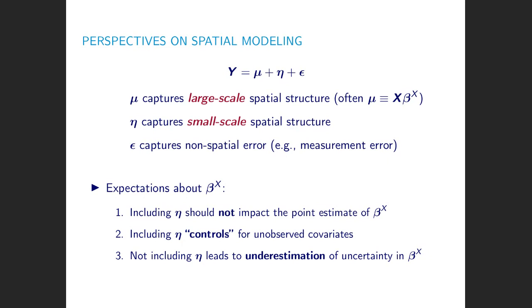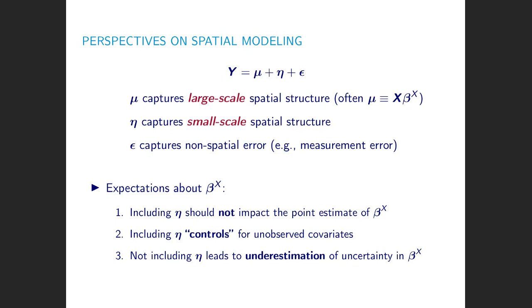And then finally, because usually we think of spatial dependence as being positive, meaning that things that are closer together are more positively correlated, there's an expectation that not including eta in a model, so not accounting for spatial dependence in the model, is going to lead to underestimation of uncertainty in beta x.